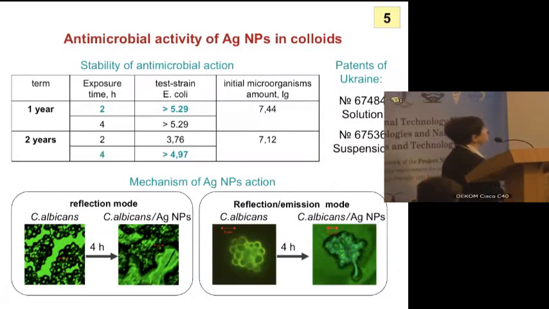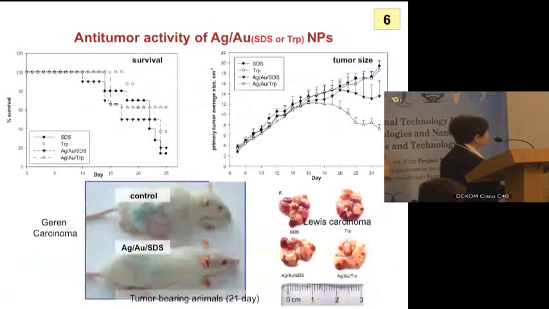Very briefly, this demonstrates the mechanism of action using a laser fluorescent microscope: the silver nanoparticles destroyed the wall of the bacteria cell. This picture demonstrates the advantages of using bimetallic nanoparticles.